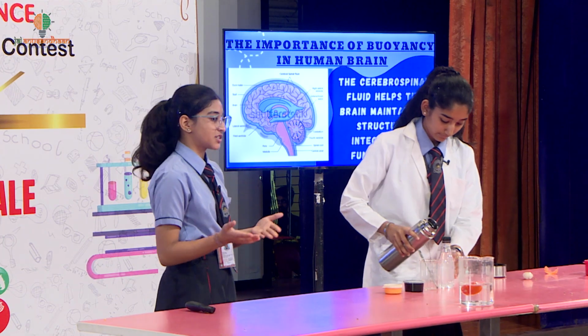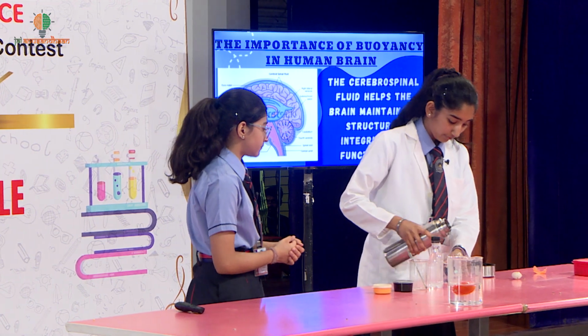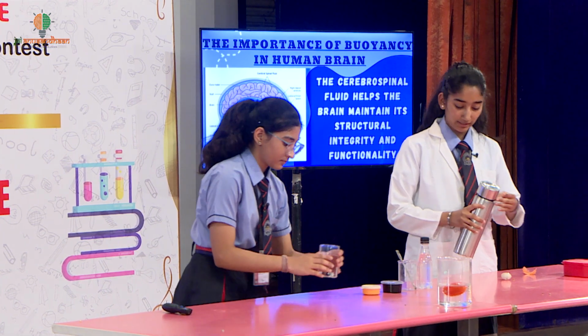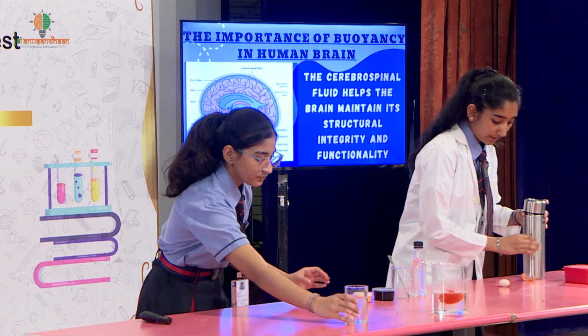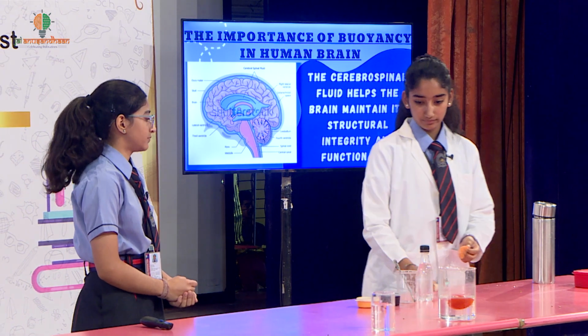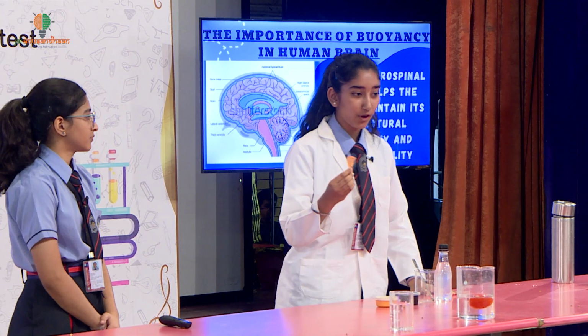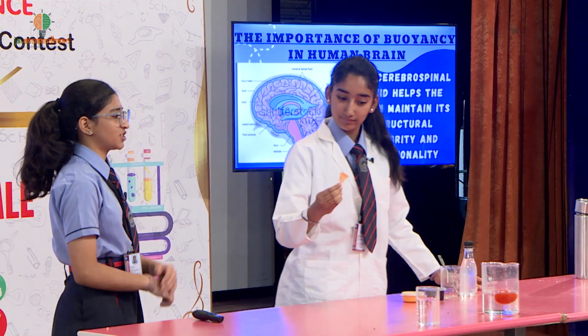Let's look at the other two types of buoyancy, that is positive buoyancy and negative buoyancy. For that, we'll take some water in a container. Now here we have two objects, a stone and a feather. What about this feather? Will it float or sink? I think that this should float.